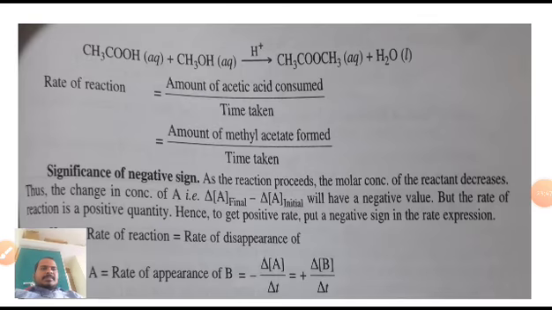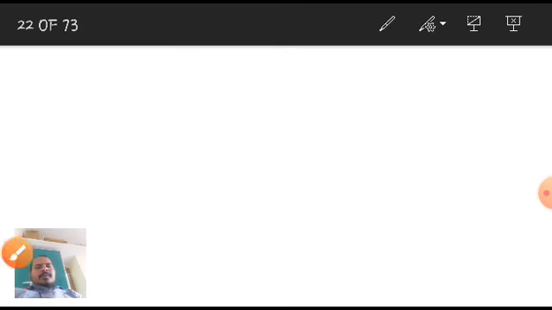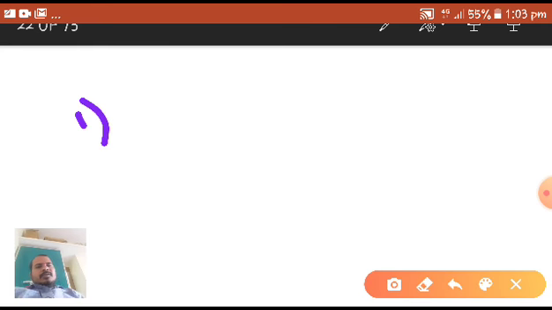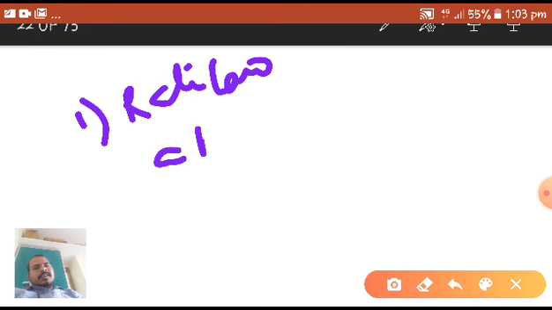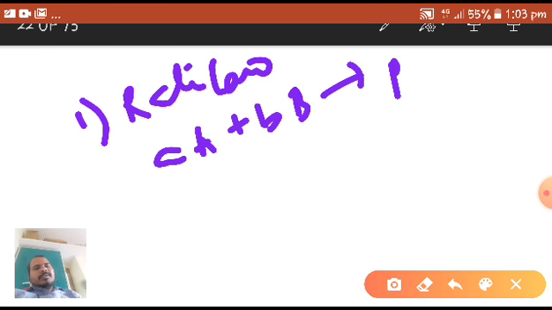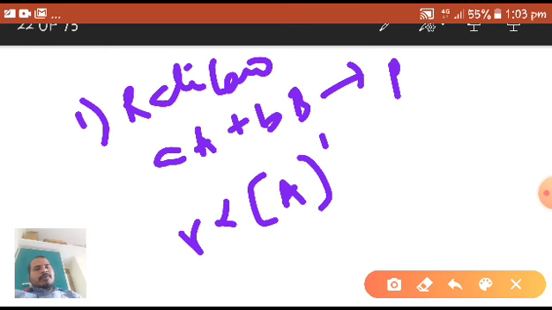So these are the things which I have discussed in this lecture. What is the rate law? Rate law for a general reaction, reactants going to products: rate is directly proportional to [A] to the power of m, [B] to the power of n.